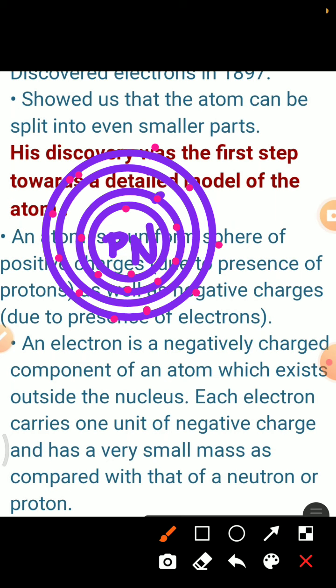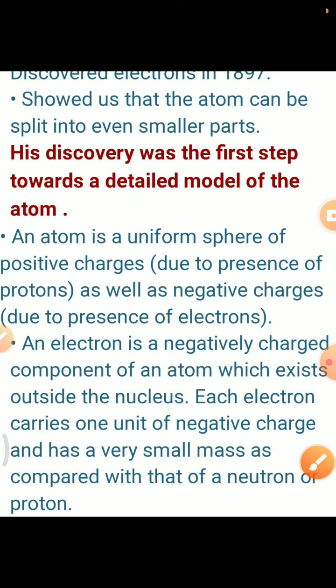You can think that this middle part is our sun, and these electrons are our planets.